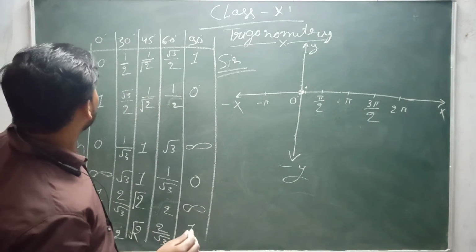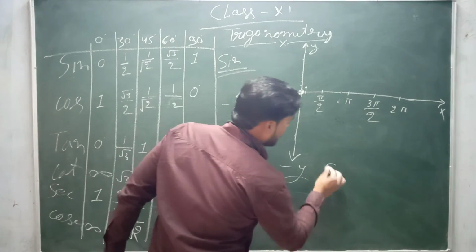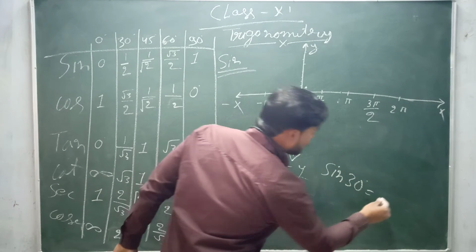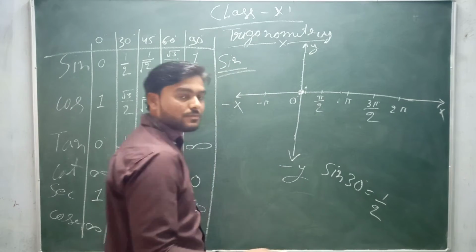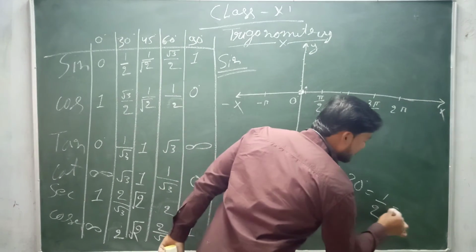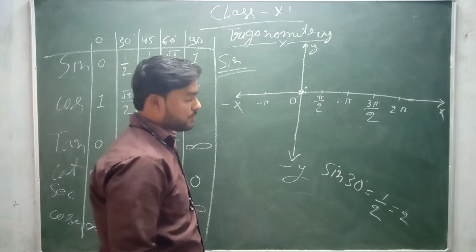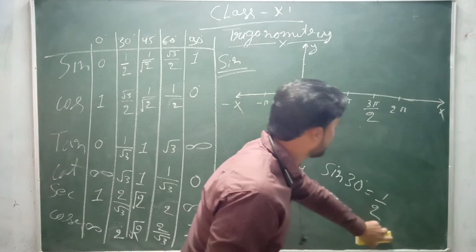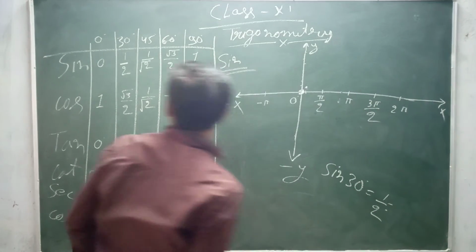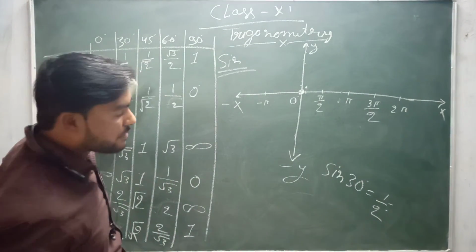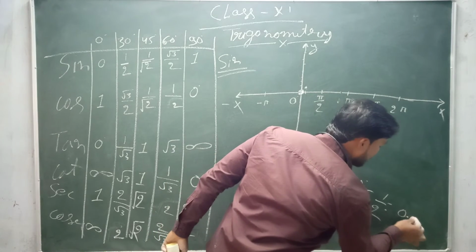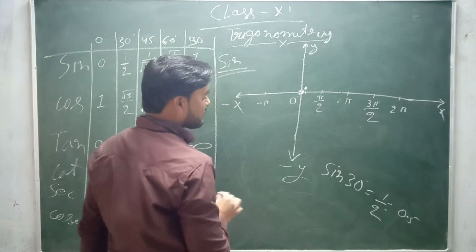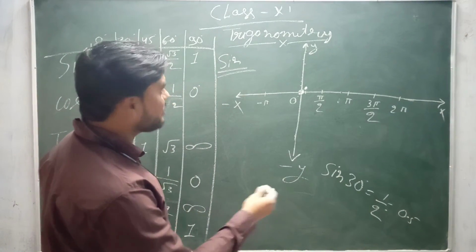Now again, sin 30 equals 1 by 2, which is 0.5, and it will lie here.